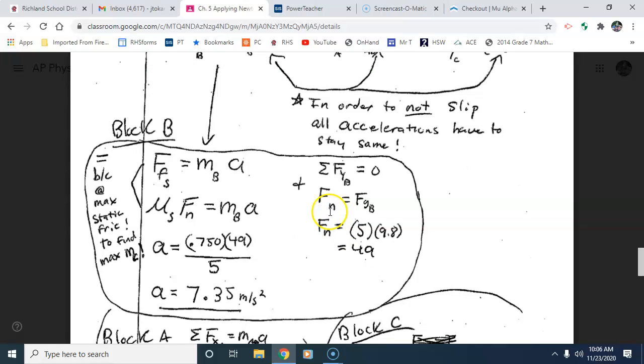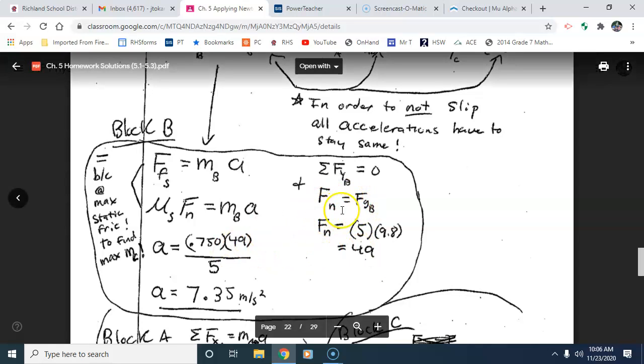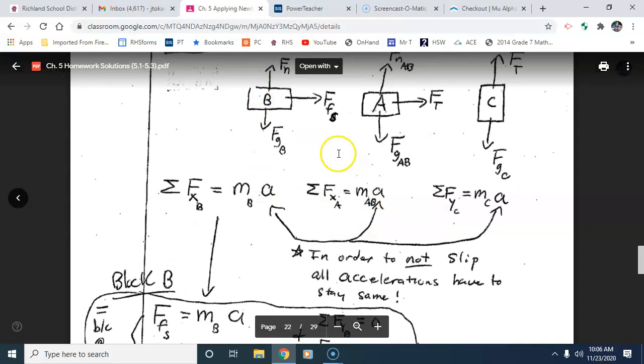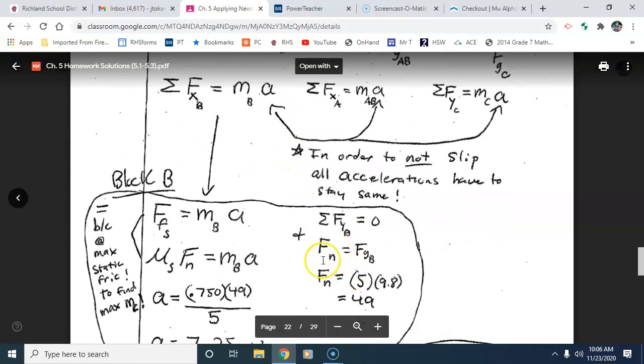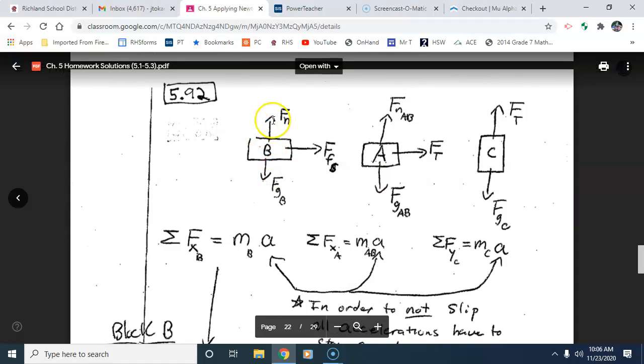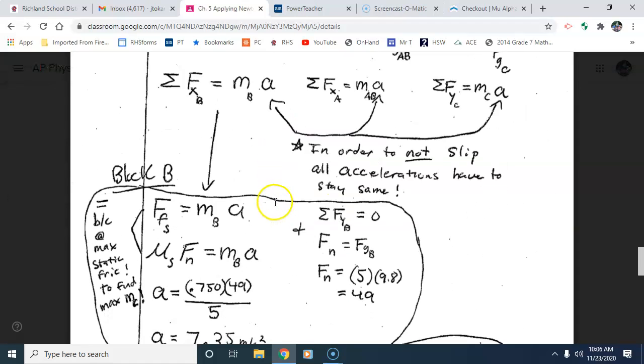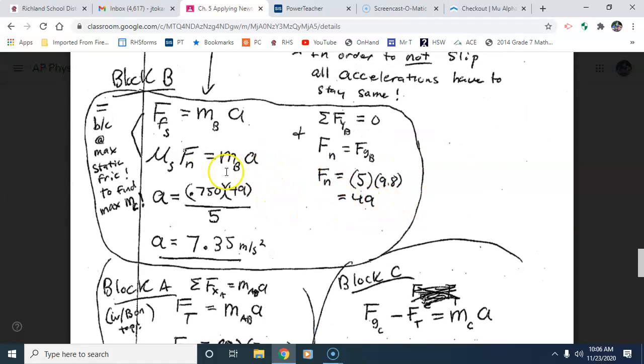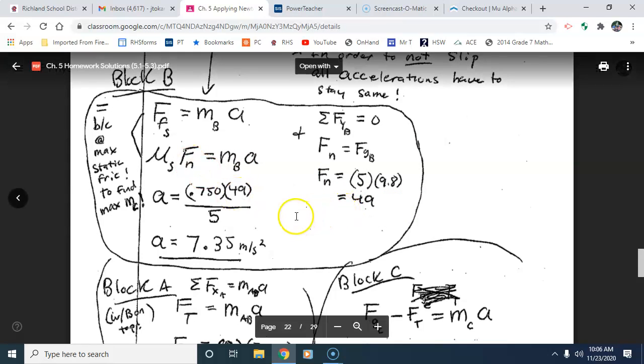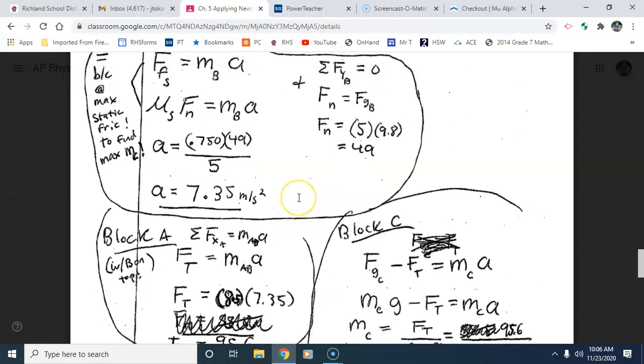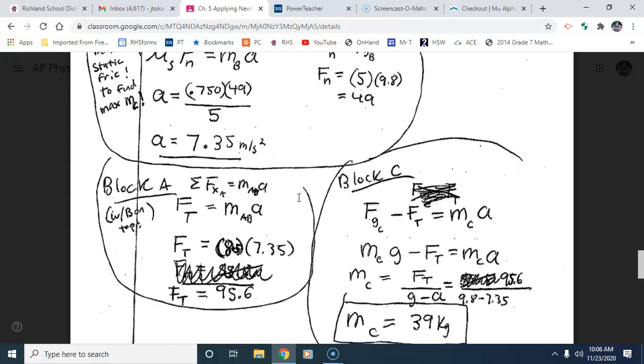That is what formally let us know the normal force, which I used over here. There's no pushes or pulls at angles, so all I showed in this step was the fact that this has to equal the weight of block B. That's 49, and we used that for the normal force here. That allowed us to get the acceleration of 7.35 meters per second squared.